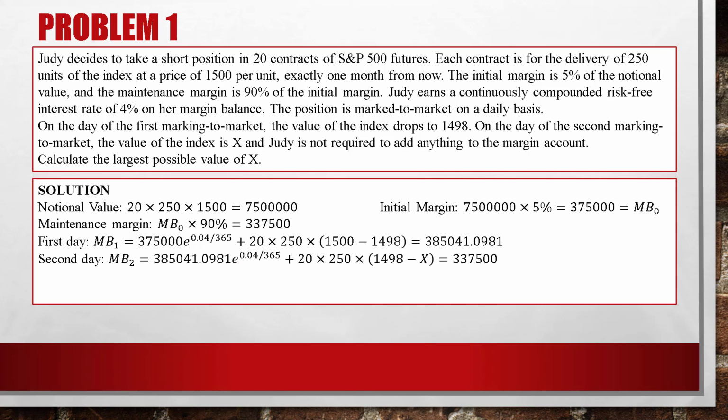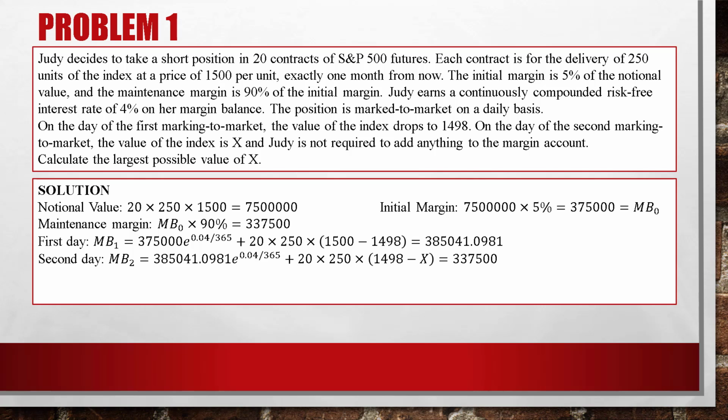Again, the margin balance on the second day is 385,041.098 times e to the 0.04 over 365, plus 20 times 250 times (1498 minus x).